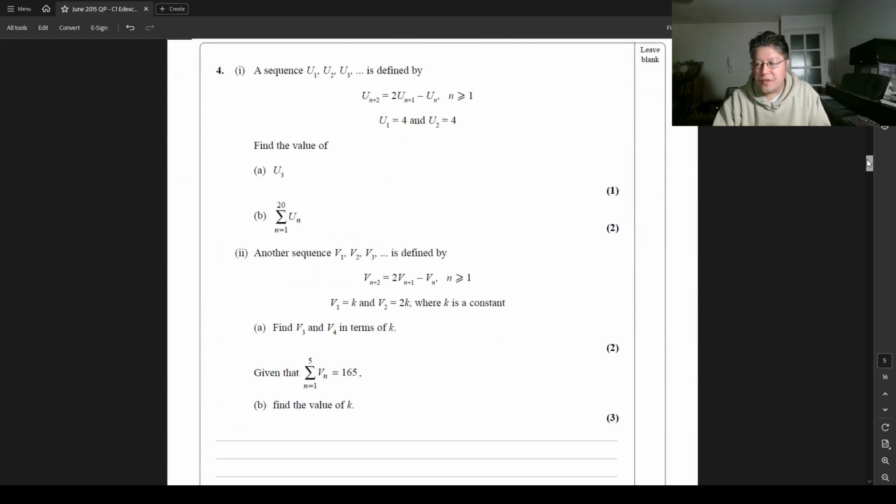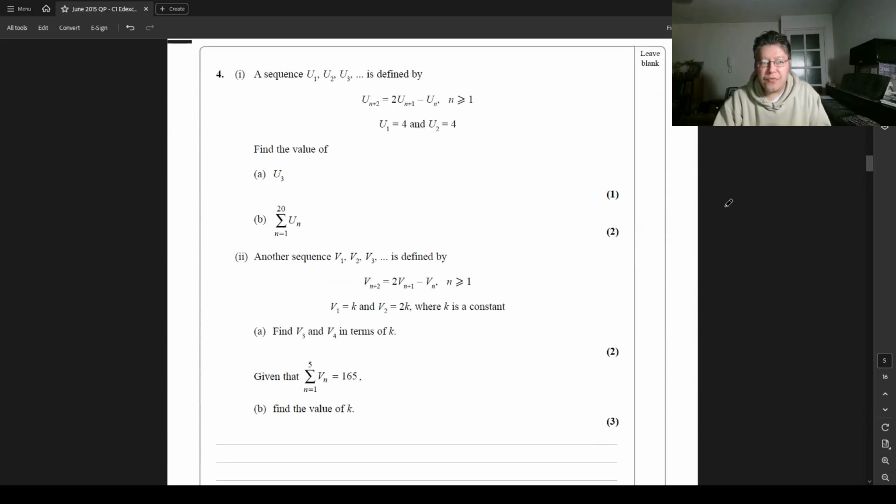And question number 4 is iteration, and we're given an iterative sequence. So to get the next term, you do 2 times the previous term minus the term before that. And we're given u1 and u2, and we need to get u3. So let me write out the iteration formula for the third term.